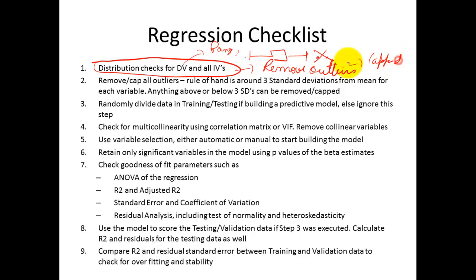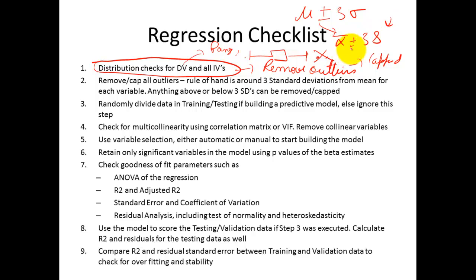Capping is when, if we have an outlier, we simply recode it to a lower value. For example, a rule of thumb is that the observations should not be beyond mu plus or minus 3 sigma, where mu is your sample mean x bar and sigma is your sample standard deviation. Any value which is greater than mu plus 3 sigma is brought down to 3 sigma.